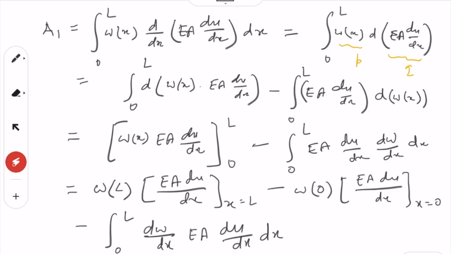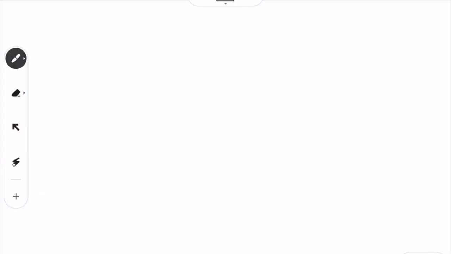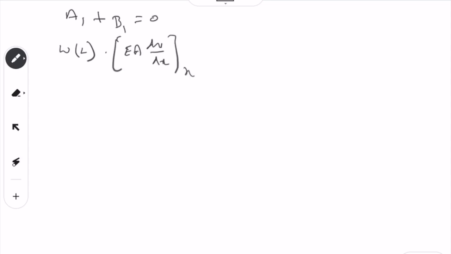So we write A1 plus B1 equal to 0, and hence we have WL times EA du over dx at x equal to L, minus W0 EA du over dx at x equal to 0.